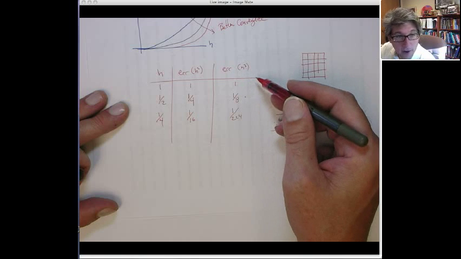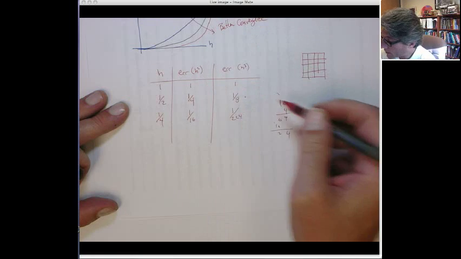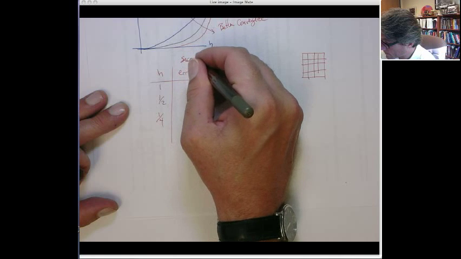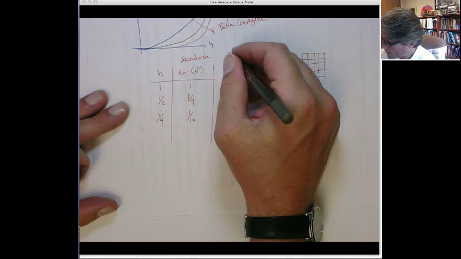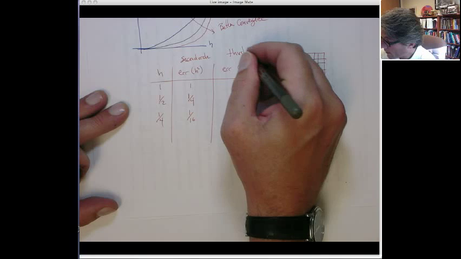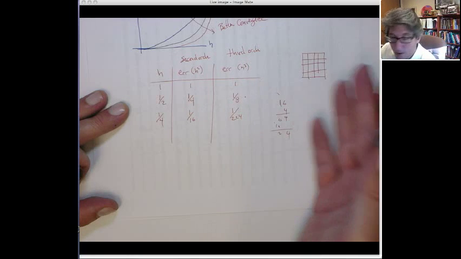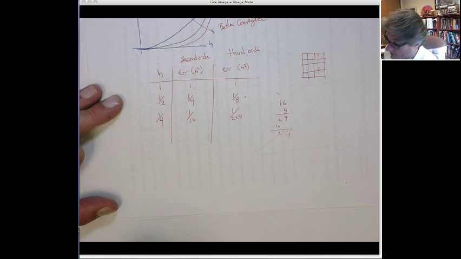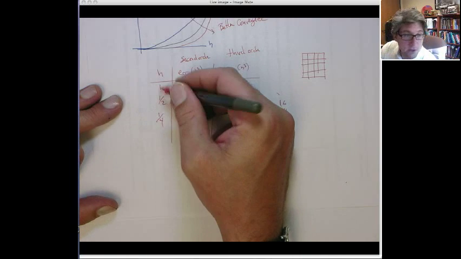So you can see how quickly the error drops off when you have things that are one order higher in convergence. So this type of convergence we call second order convergence. This would have third order convergence. You could have fourth order, or likewise you could even have first order convergence where the error goes directly as h. So if you had first order, your error would go just as h does.